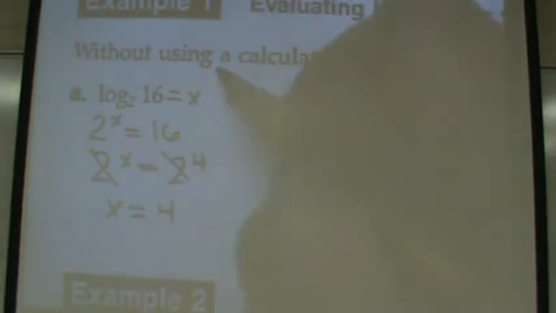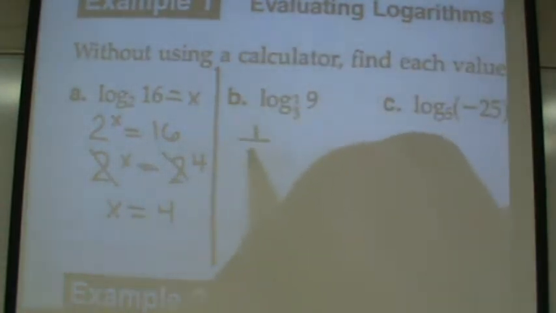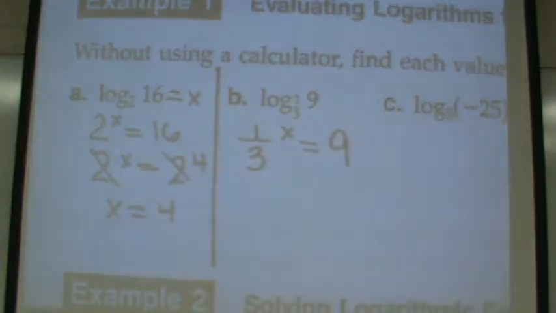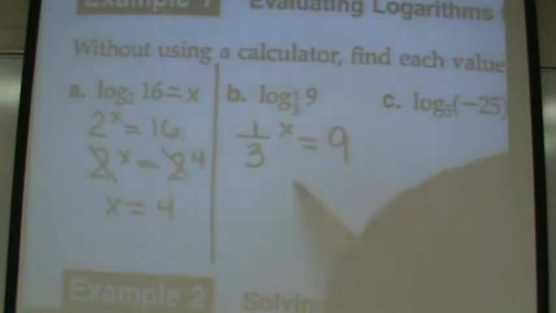Next. Rewrite it. 1/3 to what power is 9? Well, I want to get these in the same base. So what can I write 9 as? 9 is going to be 3 squared, right?